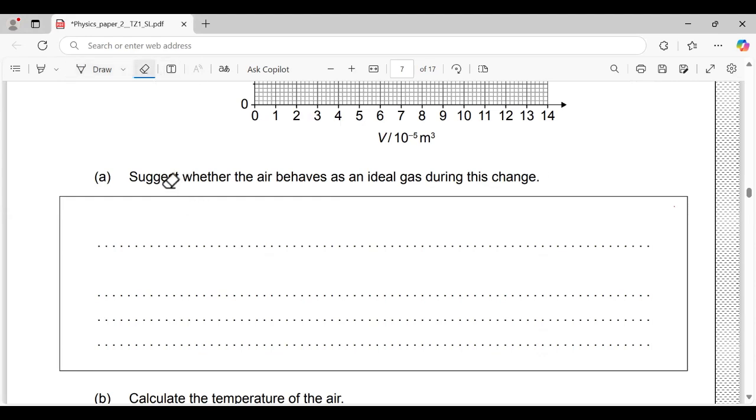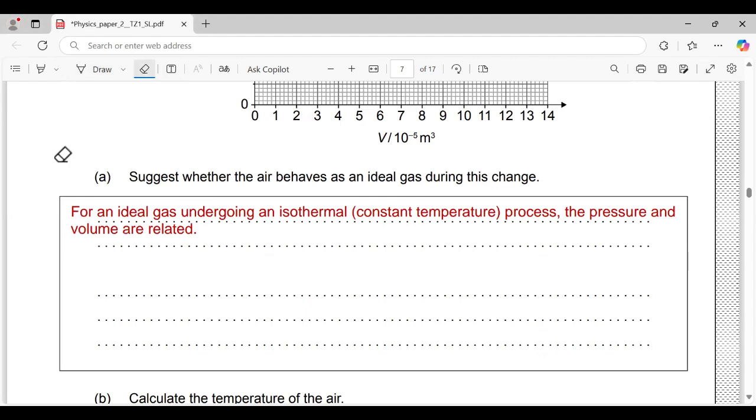I have provided my explanation about this. For an ideal gas undergoing an isothermal, or constant temperature, process, the pressure and volume are related according to the formula by Boyle's law.